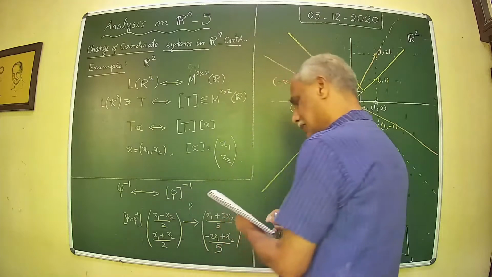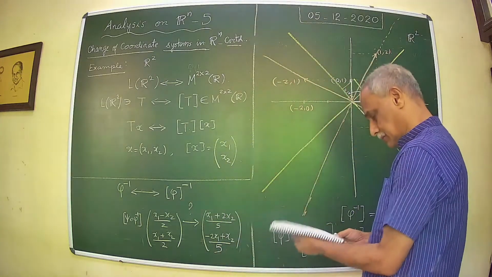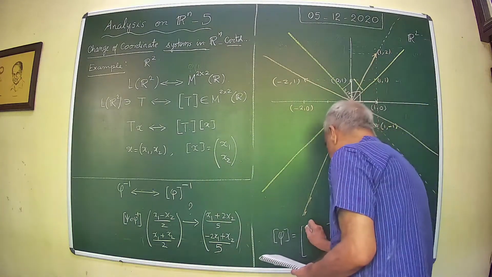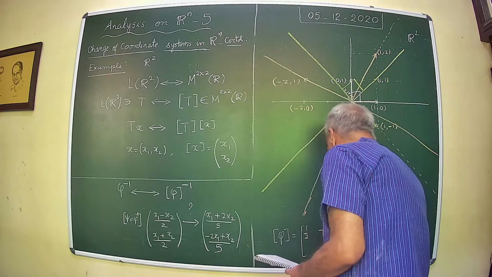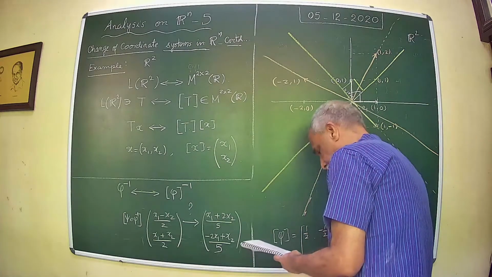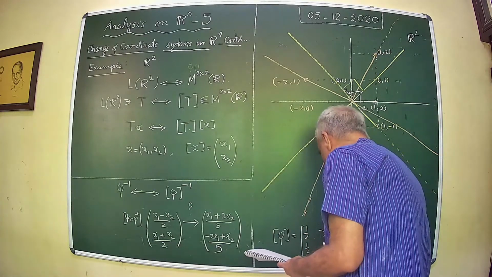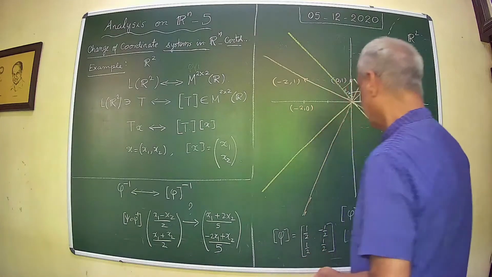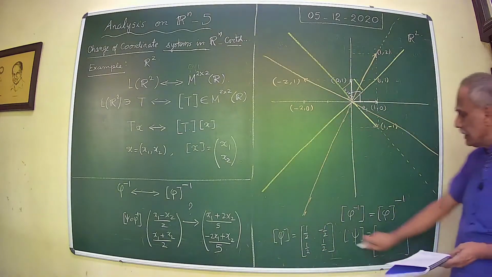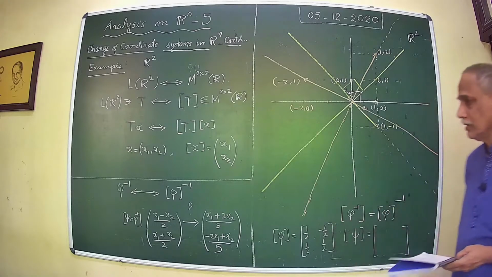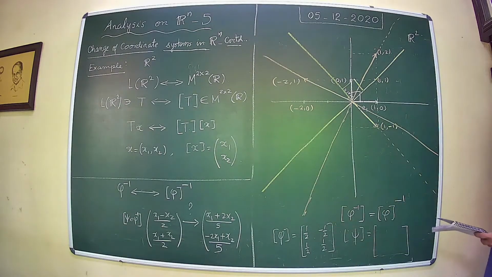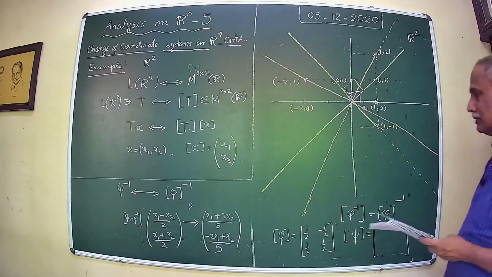Phi is given by the matrix with entries half, minus half, then half. Two rows are linearly independent, and how are they related?